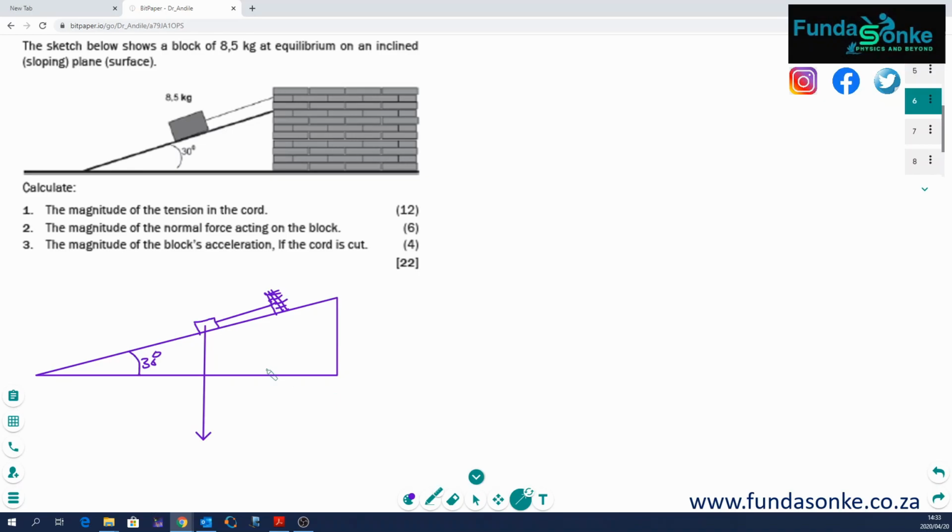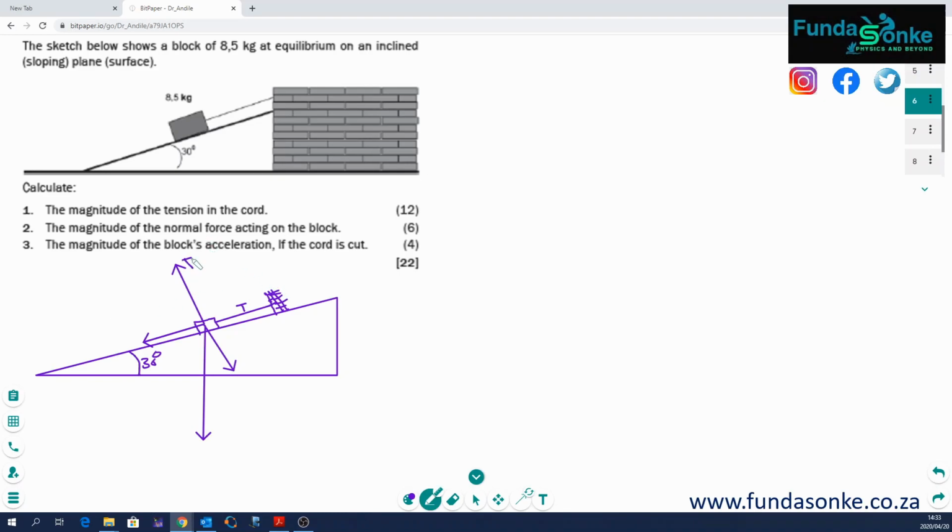Okay, and already we've got tension due to the string holding the mass from sliding down, attached to the wall, so that will be our T. And then we're going to have a normal force acting normal to the surface. Then we're going to have our components from our force due to gravity, the perpendicular component and also the parallel component. Okay, so we're just going to label those.